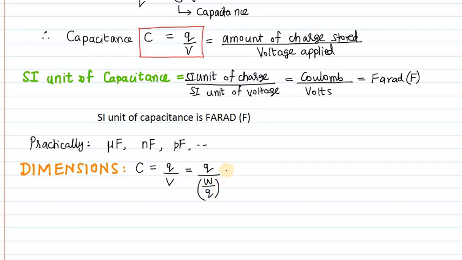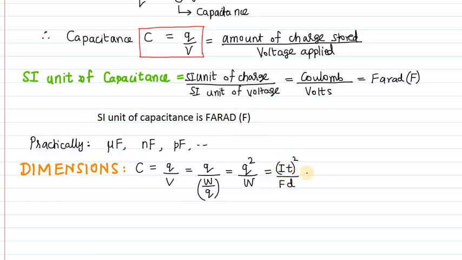So we have Q square by W. Let the Q square be as it is. Work done can be written as force into displacement, and the charge can be written as current into time, (I into T) whole square.